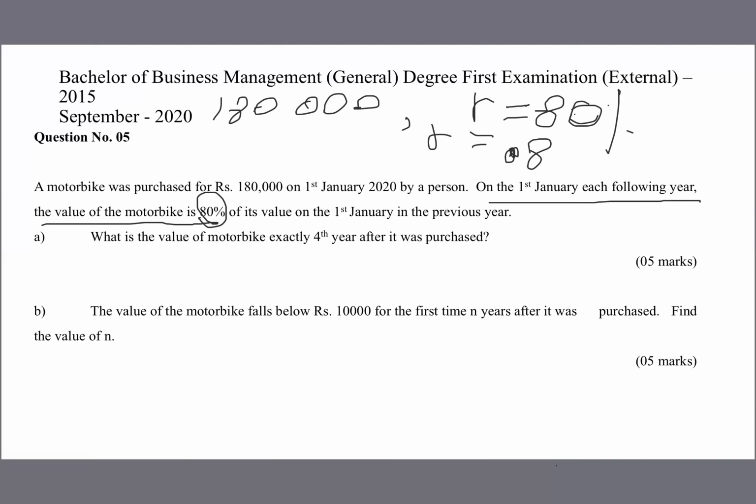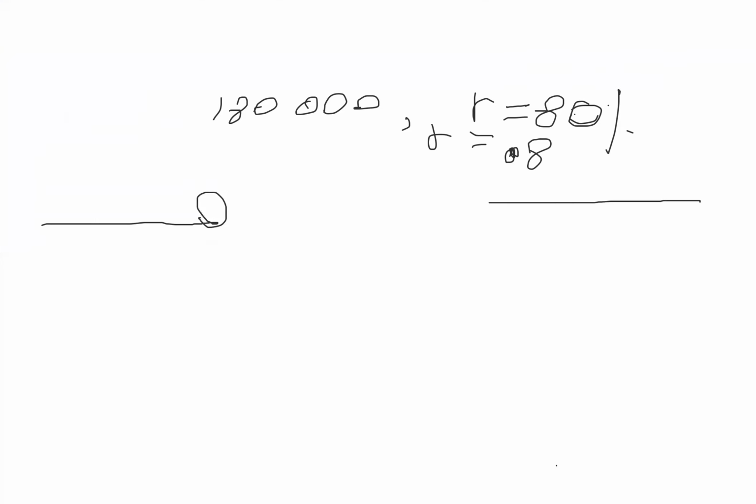Okay? So you have to find out the T4. That is also easy, right? You know the first term and the common ratio of the given series, right? And then you need to find out the T4. It's very easy. We know AR^3. Okay.